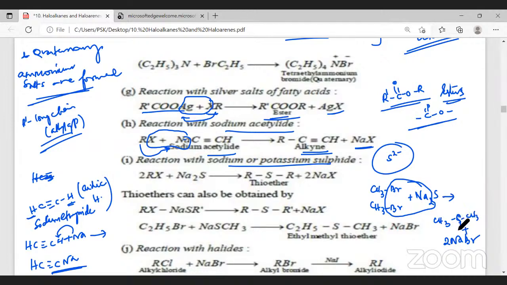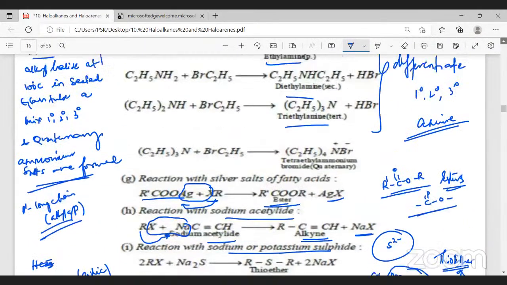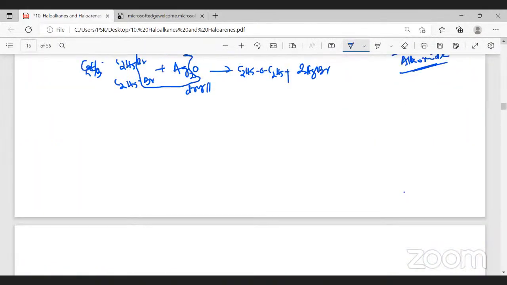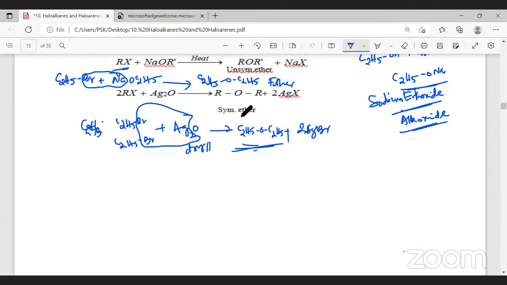It is like an ether only. If you have oxygen here, it will be called an ether. Since we have sulfur, it is called a thioether. Sulfur is called a thio group; sulfur containing compounds are called thiols. Therefore, it's called a thioether. So what do you mean by thioether? When sulfur is bonded between two alkyl groups, it is called a thioether. Now, in the beginning of the class today, we were discussing ethers. Any molecule which contains oxygen as a functional group is called an ether.